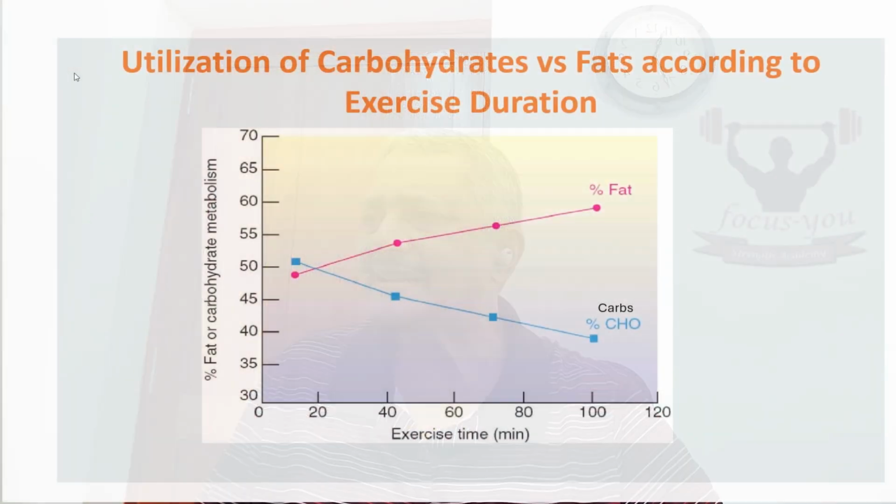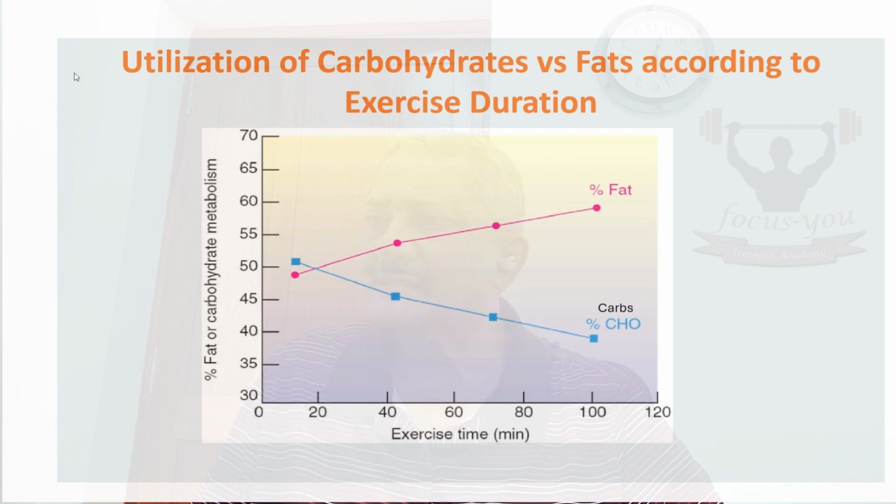So this graph is also very interesting, meaning we can see that at the same intensity, the x-axis here represents duration of the exercise, and the y-axis represents once again percentage of fat or carbohydrates towards energy production.